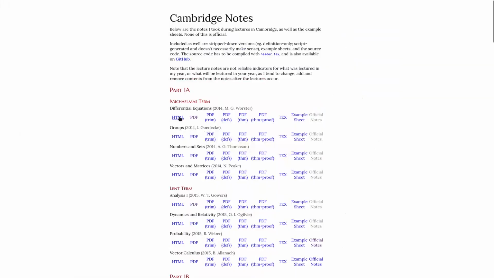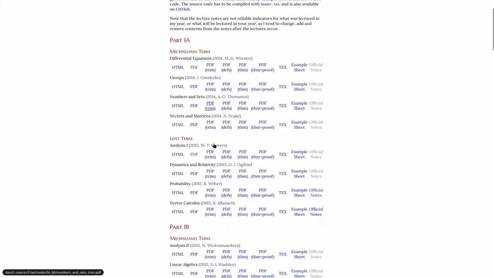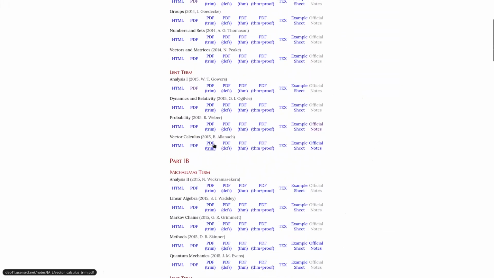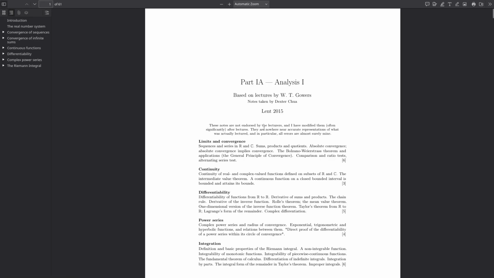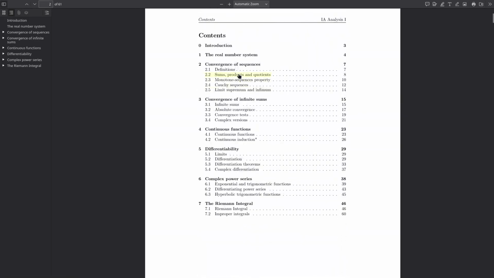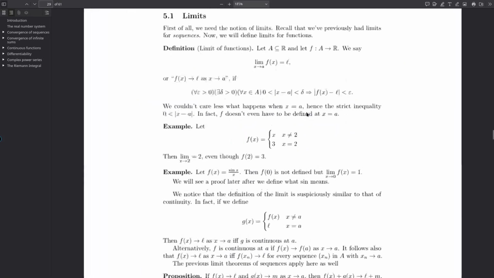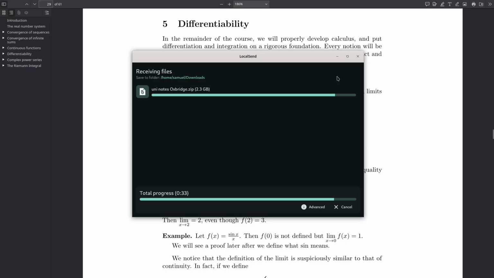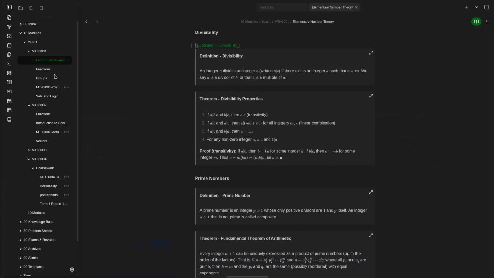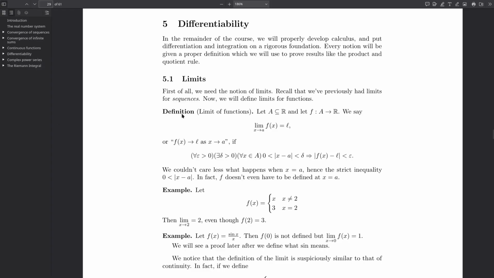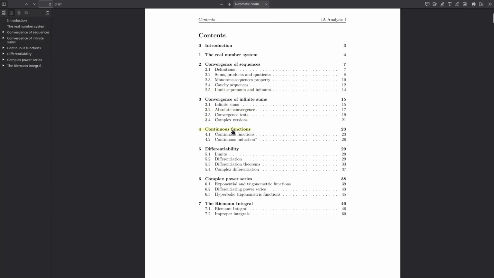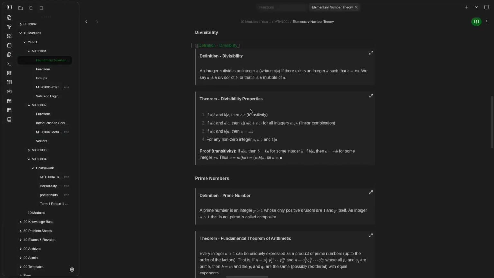Okay, so if you look at their, I need something really simple. Analysis one. If you look at their notes on differentiation, here are their notes. I haven't even done differentiation yet. Never mind. I need something I've done.